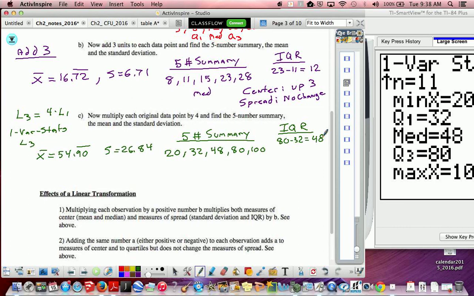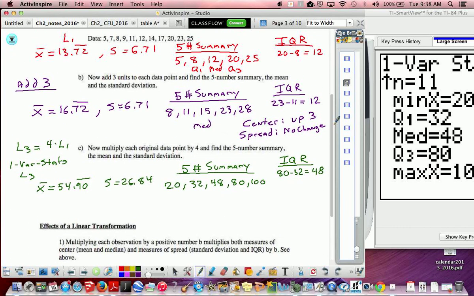So, what happens to our mean and our median? Whoa, it gets really big. By how much? Okay. So the center, both measurements are 4 times as big. How about our spread? Did our spread change?